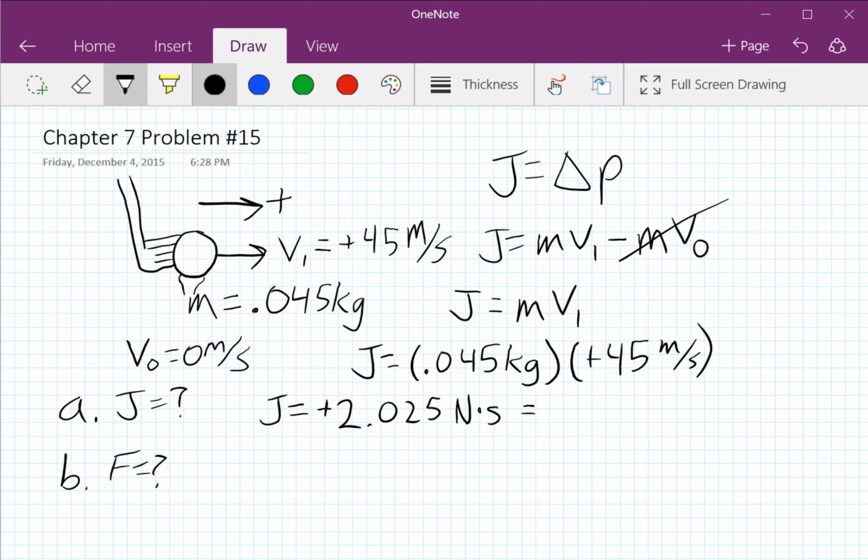And with significant figures, the answer to part A would be a positive 2.0 Newton seconds. That's just the answer to part A.